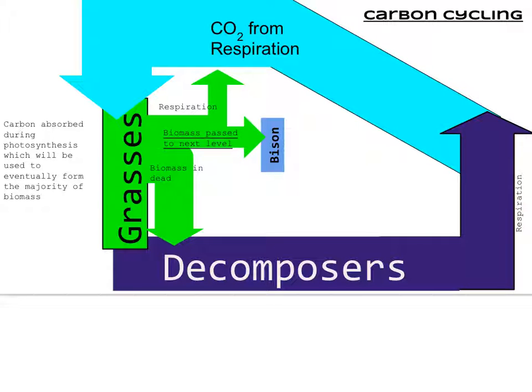The 90% that was not accounted for is being respired, or it's going to the decomposers, who will then respire it back into the air. So only 10% for the next trophic level here. This would be a primary consumer because it is the first to consume. It's the first to eat a producer.